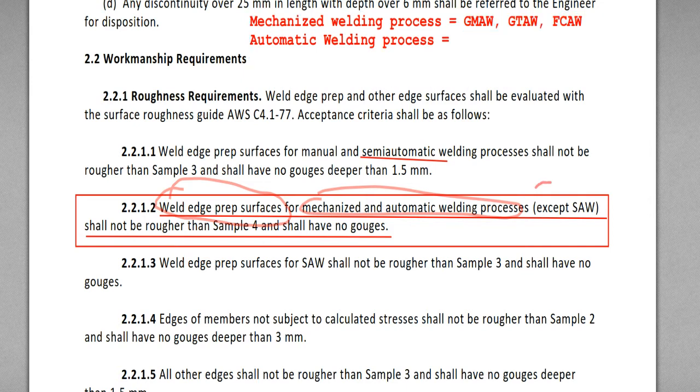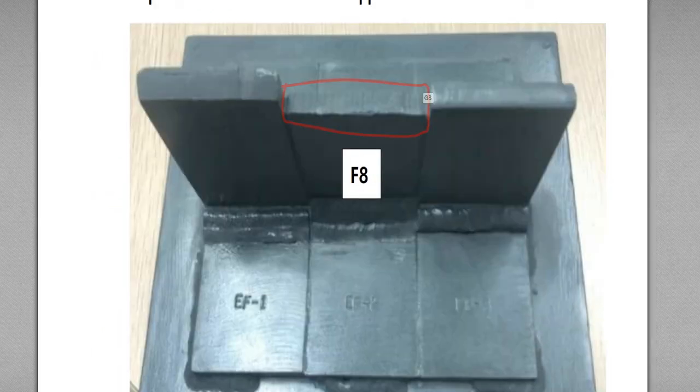And here, except SAW, submerged arc welding, mechanized and automatic welding processes shall not be rougher than sample 4 and shall have no gouges. So I'll give you a picture of the surface roughness.